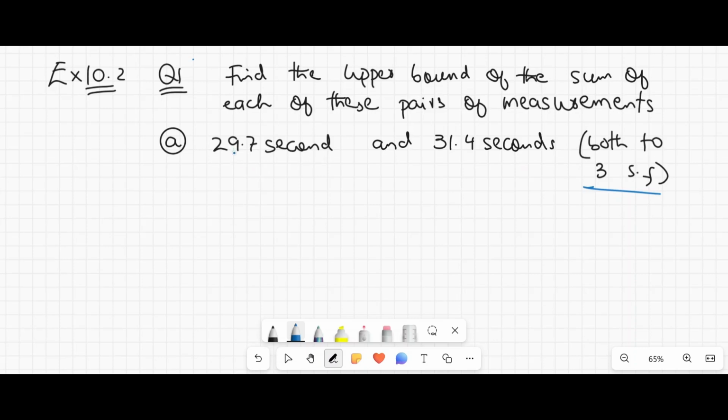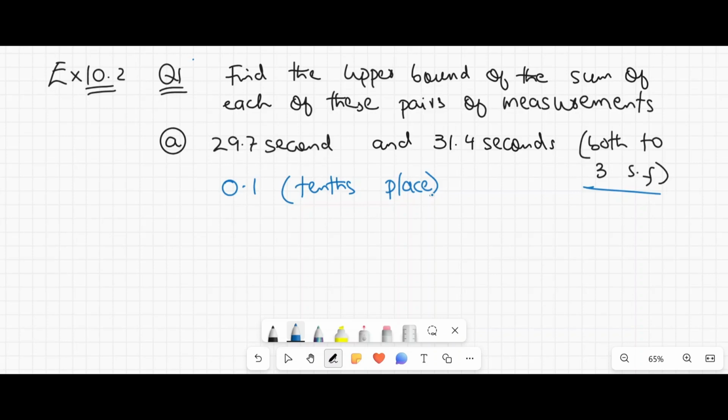Now here you note this is the first significant number, 2, and this is the second significant number, and this is our third significant. Similarly here is also the same. So the 7 and the 4 are in the 0.1 place, or tenths place. These are the third significant numbers.